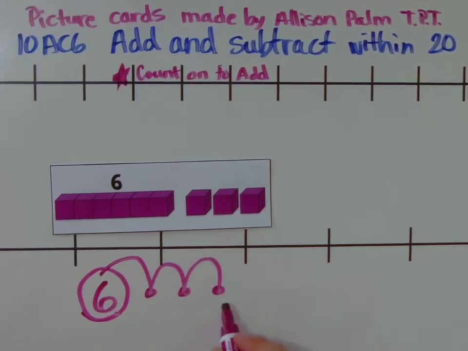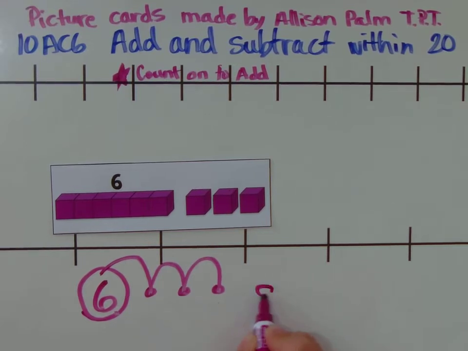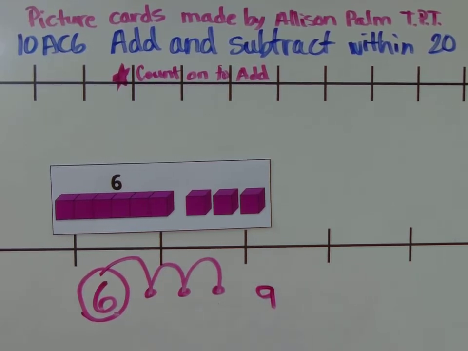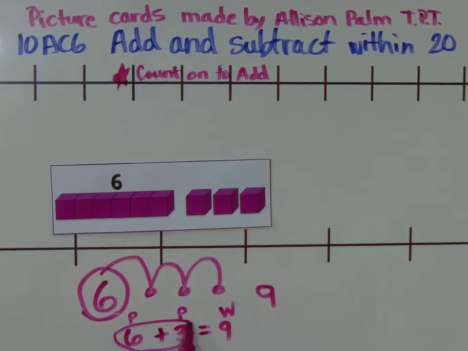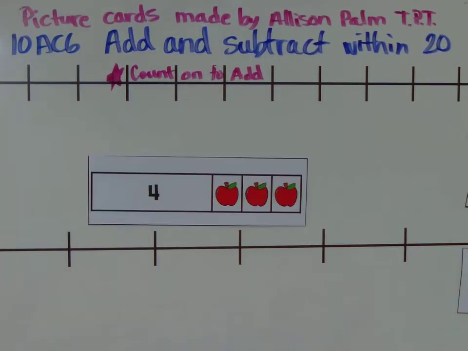So my total is 9. There are 9 altogether. 6 plus 3 more equals 9. 6 is a part, 3 is a part, and 9 is the whole. Everything around the plus symbol has to be a part.